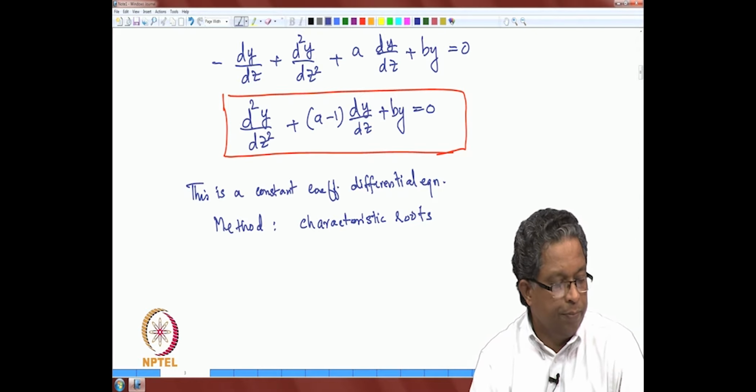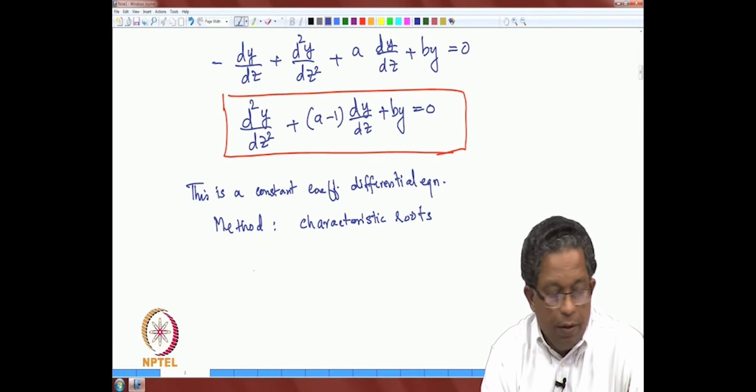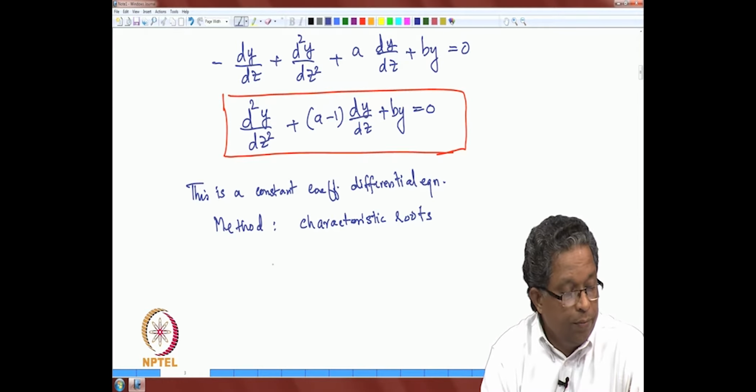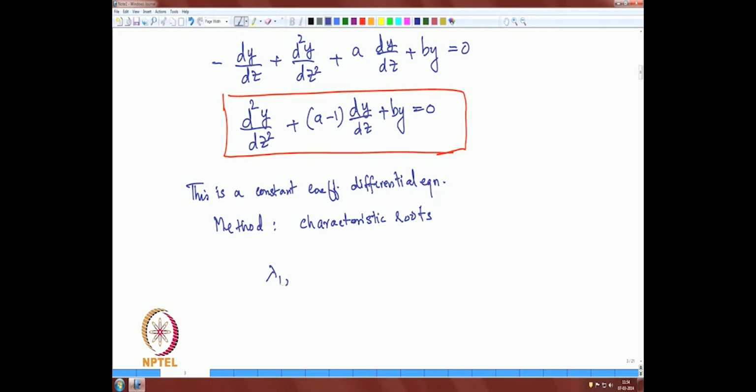So, for example, if we take the characteristic roots, the roots are given by lambda 1, lambda 2 is equal to (1 minus a) plus or minus square root of (a minus 1) the whole square minus 4b, all divided by 2.